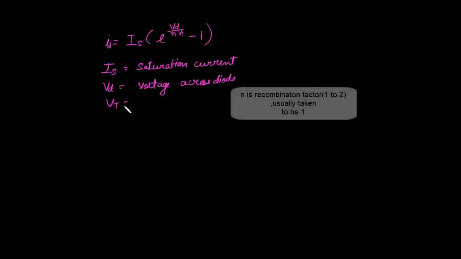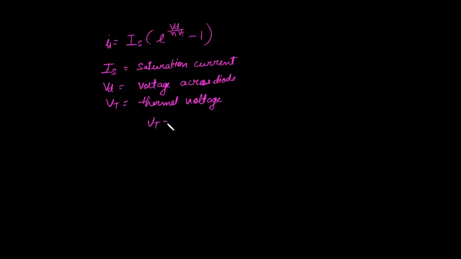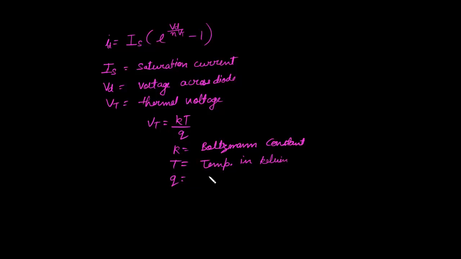Vt is thermal voltage, which is given by relation Vt is equal to kT by q, where k is Boltzmann constant, T is absolute temperature in Kelvin, and q is the magnitude of charge on a single electron.